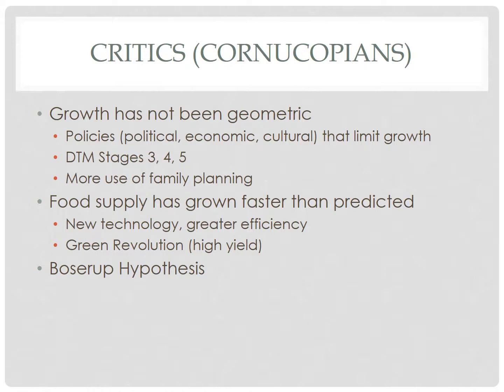And the cornucopians point out that the food supply has grown faster than it was predicted, right? Since Malthus's time, population has doubled 3 times. In that same time, the food production has doubled 5 times. And in addition to just the fact that we're growing food faster, it's important to know that countries don't need to grow all of their own food.